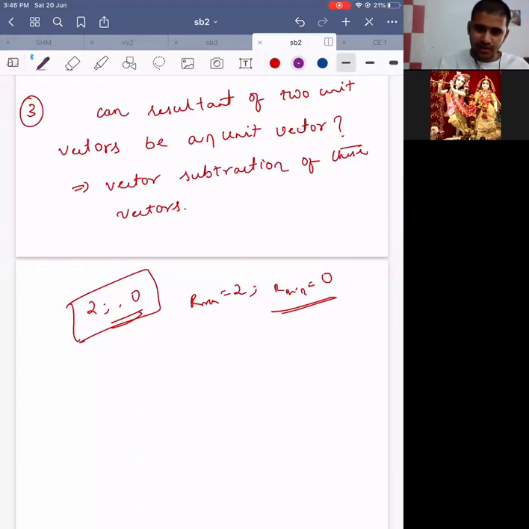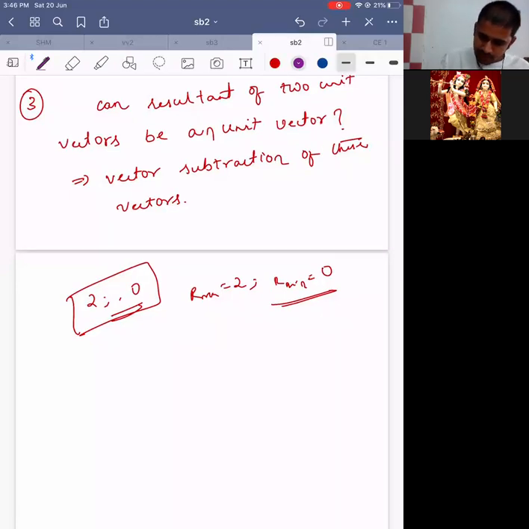Very good. One person, Akash. Correct. It's not 3, it's square root of 3. Now the resultant of the two unit vectors: R square is equal to P square plus Q square plus 2PQ cos theta.